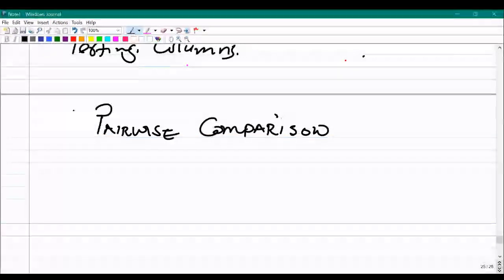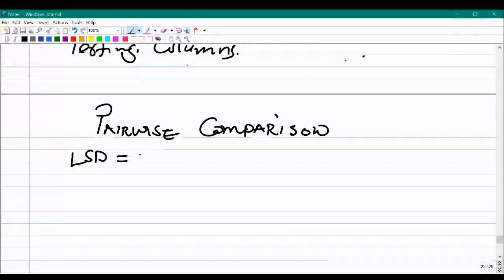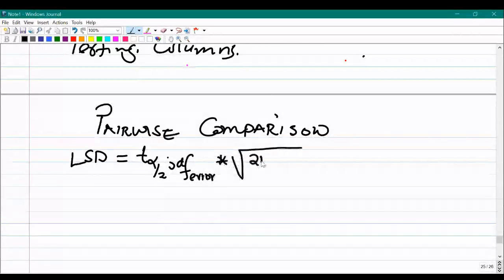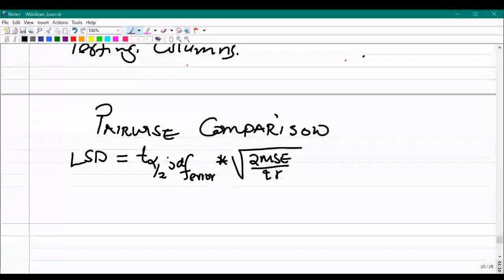So if it's LSD, LSD will be given by t alpha over 2, degrees of error, times the square root of MSE over tr.